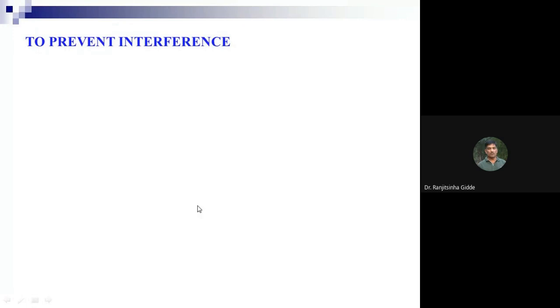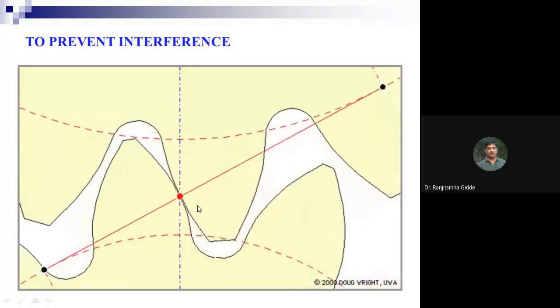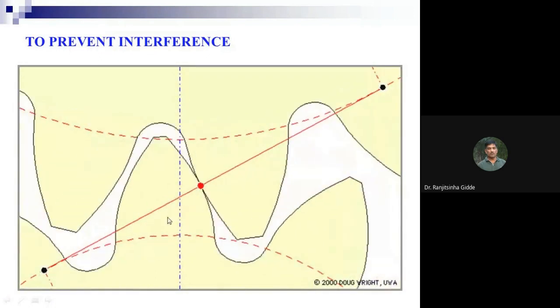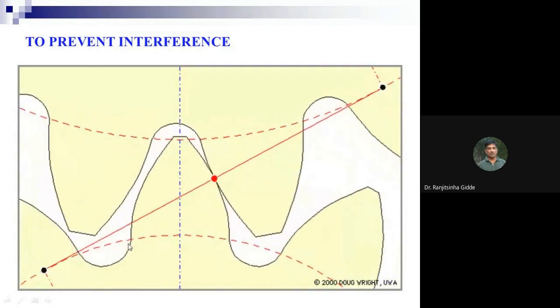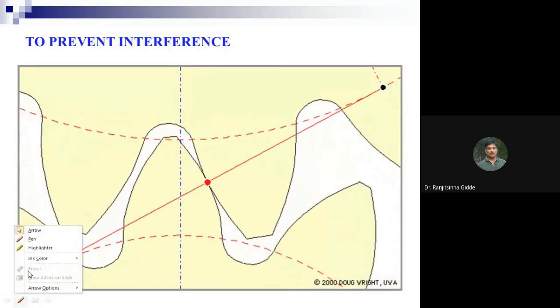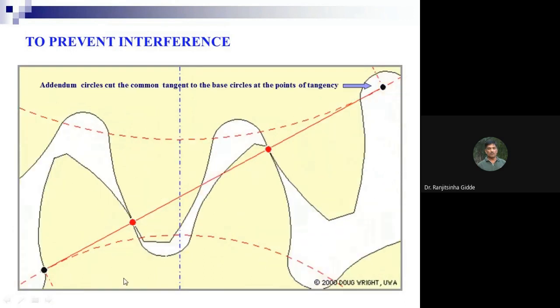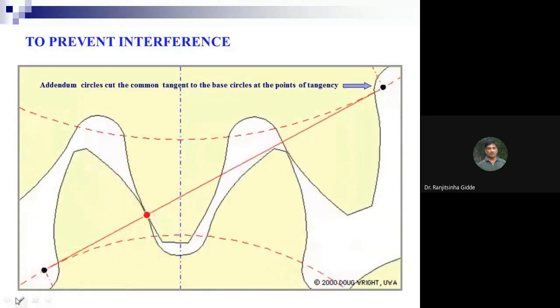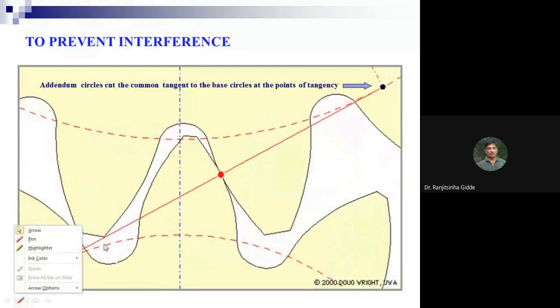Next, write down, to prevent interference, what is required? Now just see the animation. Okay, I have stopped. Now you can see that this is the tip of the tooth.